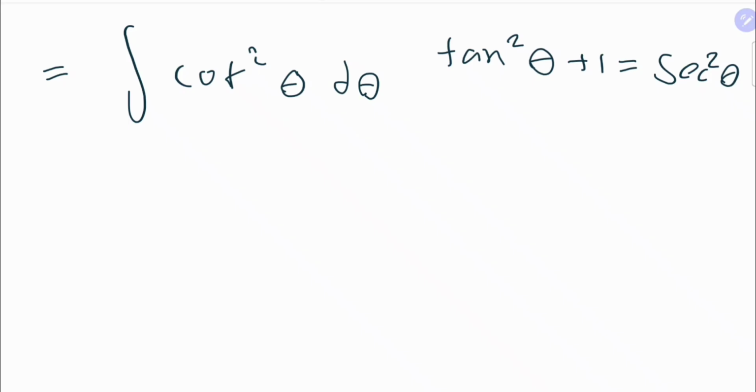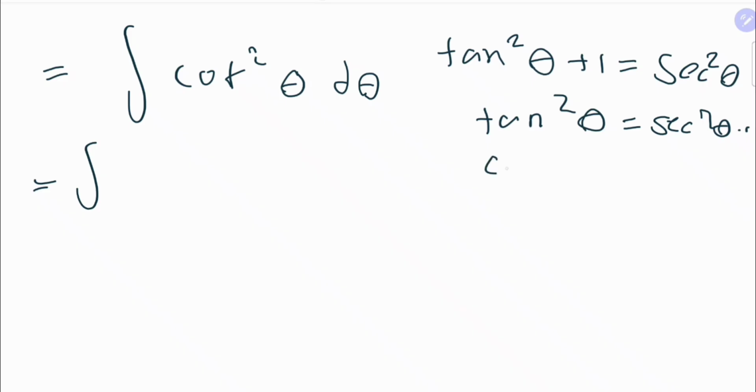Okay? So that means that tan squared theta equals secant squared theta minus 1. But they behave similarly, the tan squared and secant squared, to cosecant squared and cotangent squared. So here we can actually do the integral of cotangent squared theta equals cosecant squared theta minus 1 if they behave the same, which they do.